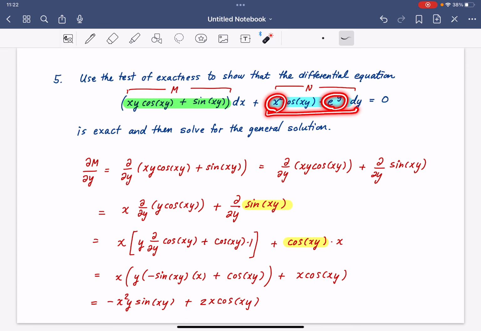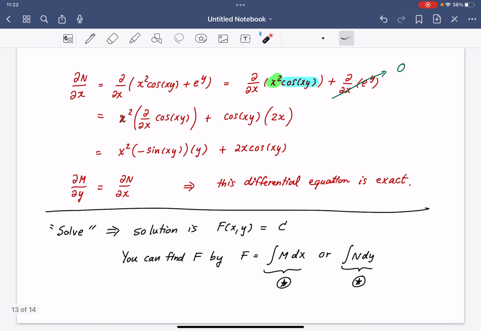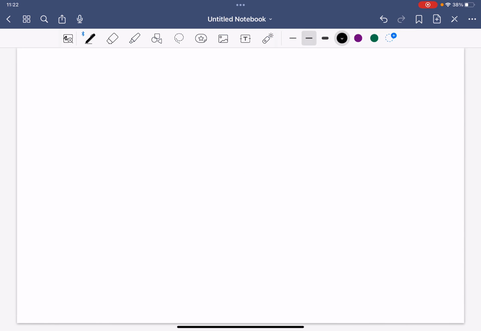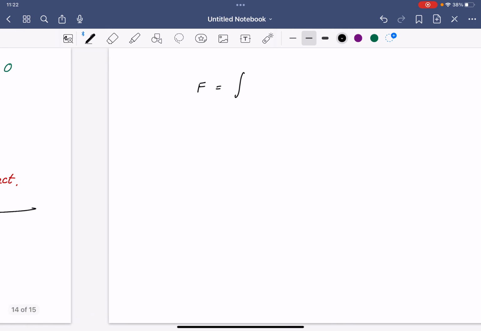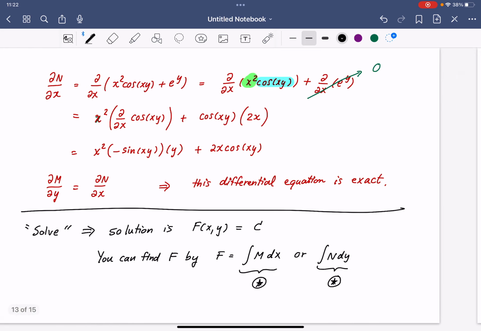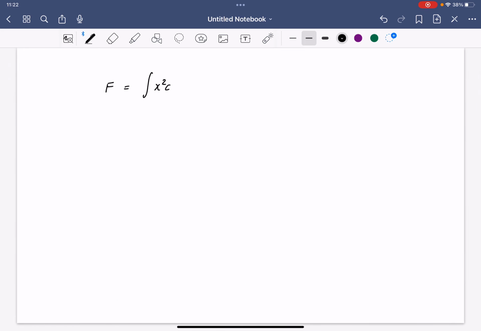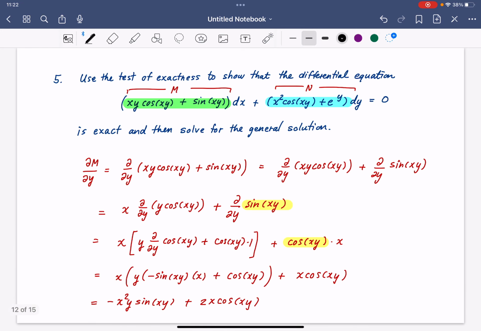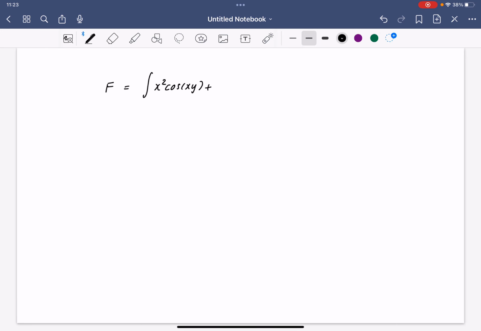So f is going to be the integral of x squared cosine xy plus e to the y dy.